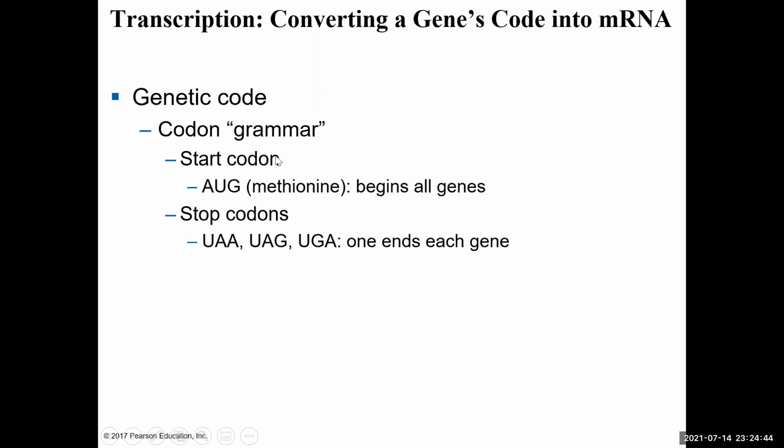So the codon is basically a grammar sequence. Your start codon is AUG, and that's at the beginning of every gene. Every protein that's going to be made starts with the codon AUG. Every gene will end with one of 3 codons, which are known as the stop codons. That's UAA, UAG, or UGA.